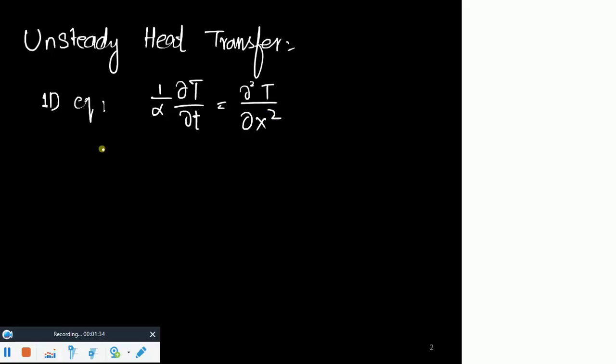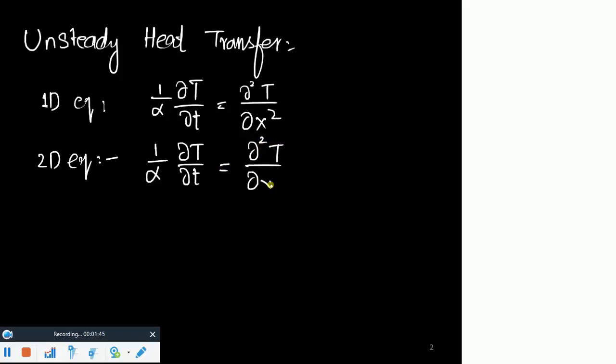You know that. If we ask about the 2D equation, that would be 1 over alpha partial T by partial t equals partial square T by partial x square plus partial square T by partial y square, and similarly for the third dimension you can write partial square T by partial z square.